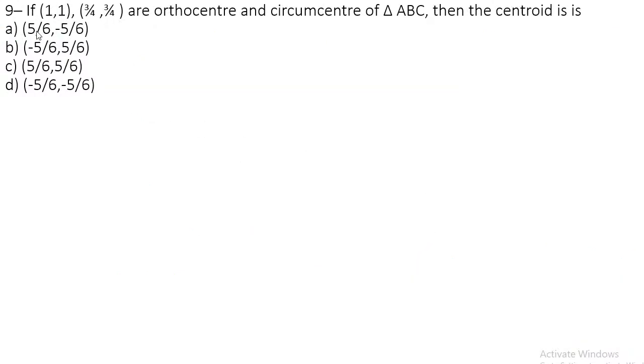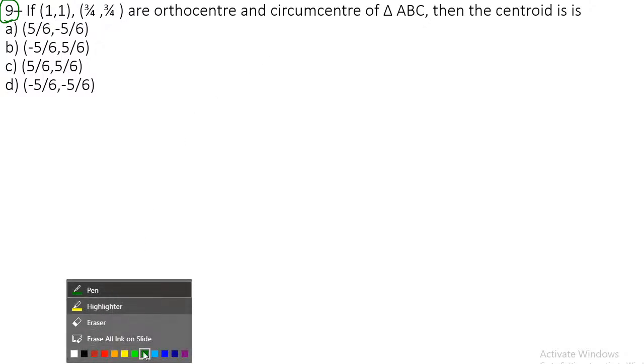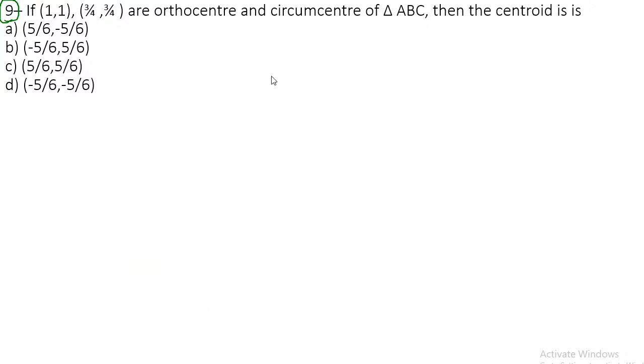So now let us move to question 9. If 1 comma 1 and 3 by 4 comma 3 by 4 are the orthocenter and circumcenter of a triangle, then the centroid is? So this is the orthocenter, this is the circumcenter, and this is the centroid.